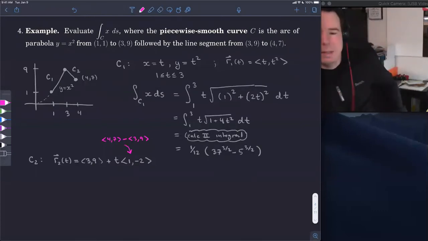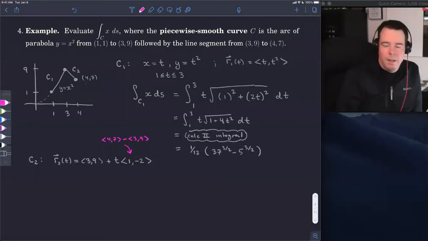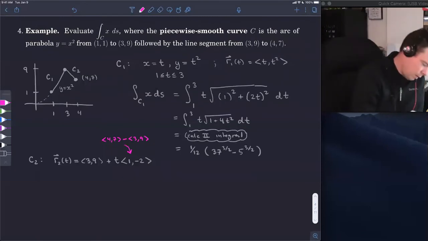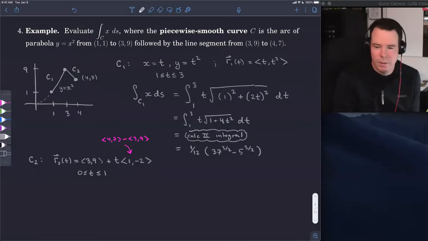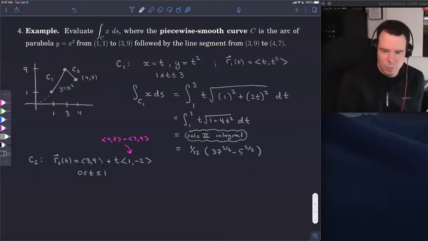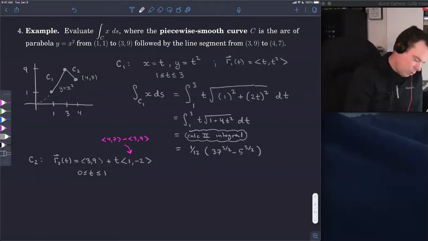So I'm basically saying to get the parameterization, you start at the first point, (3, 9), and you add to that t times the vector that will take you to the second point. And that way, we just have to let t run from 0 to 1. Because once we get t equals 1, now we're at that second point. We're just adding (3, 9) to (1, -2), and that gives us our (4, 7). And so there's our parameterization.